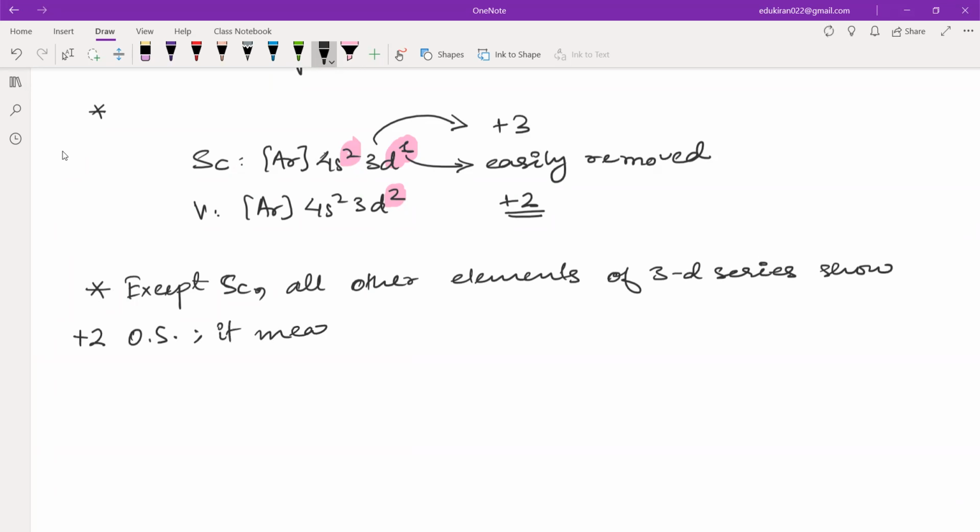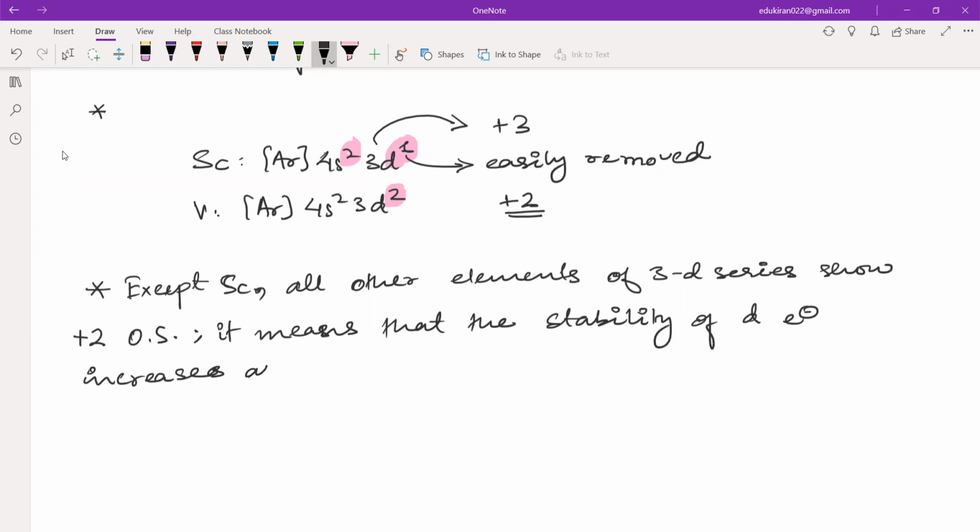It means that the stability of d electrons increases after scandium.